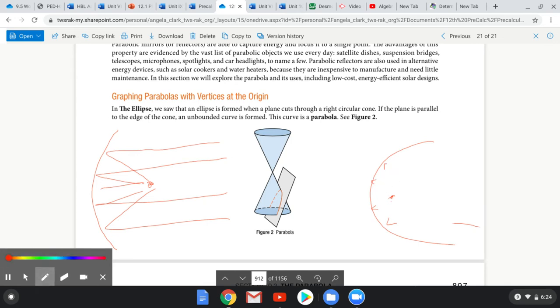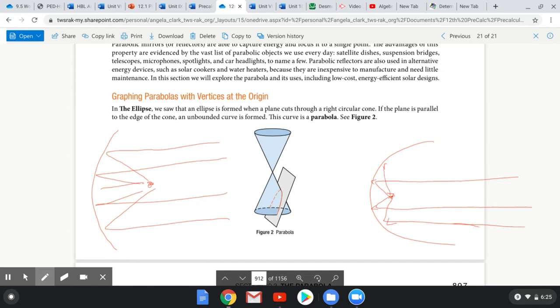If it's emitted from the focus, then it will go straight out, which means that a really good example of this would actually be a flashlight. Okay, there's a light bulb at the focus of a parabola, and then there's a paraboloid reflective cone.